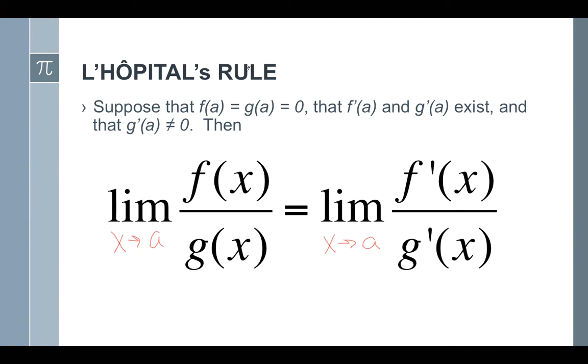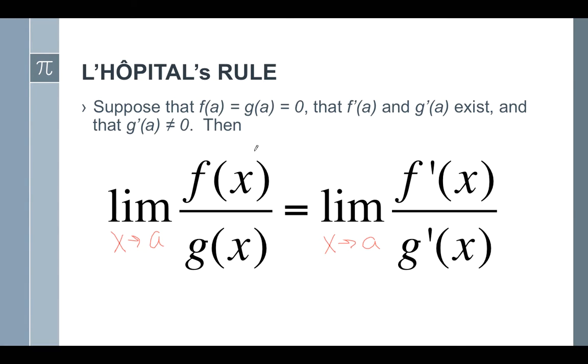This is our L'Hopital's rule. So notice what this is saying. It says the limit of f of x over g of x as x approaches a is equal to the limit of the derivative of f divided by the derivative of g as x approaches a.